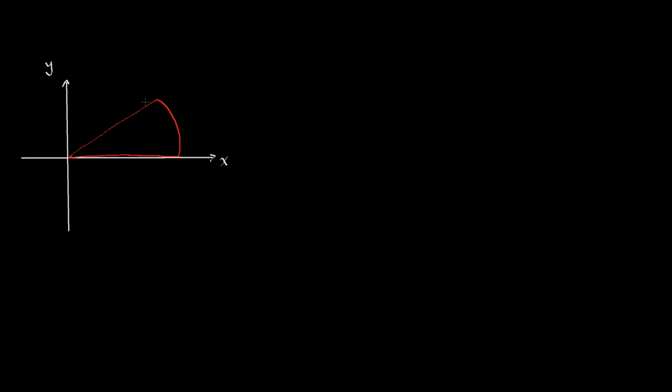Remember, this line was x is equal to y. Okay, so now let's set up the double integral. The function was x, and if we convert this, it will be r cosine theta. And since we're using polar, we have to add the Jacobian r. Then we have dr d theta.